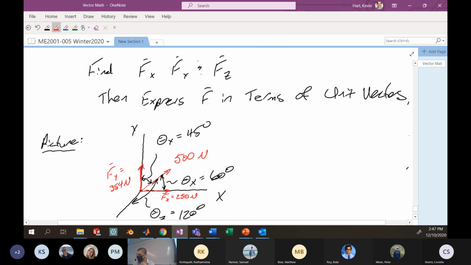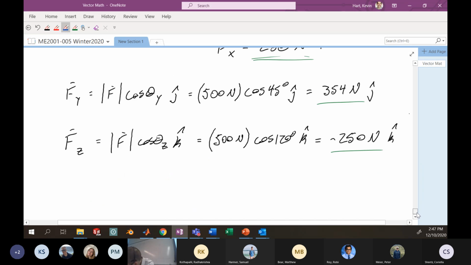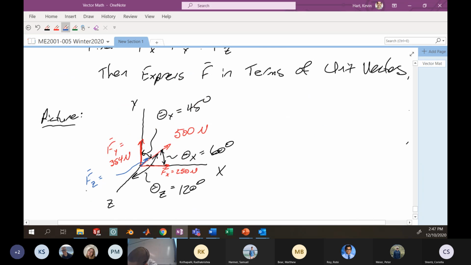And then I'm pointed backwards here in z. It'll be a little bit difficult to draw this. Maybe I'll do it in a different color. Here I'm pointed slightly backwards in z, here Fz, which we calculated before as negative 250, or since I'm pointing backwards, 250 newtons in the negative direction. So that would be the components of that 500 newton force.